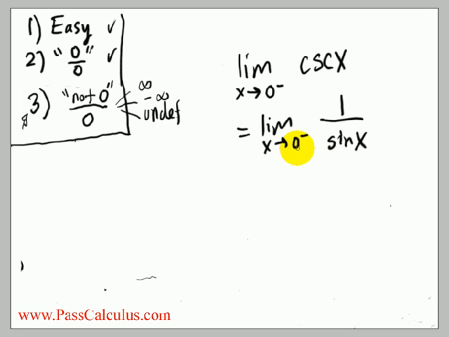And if x is a small negative number, then sine x is also a small negative number, right? Remember the graph of sine, how that looks? It looks like that, sine x. So if x is a small negative, then y is also a small negative. And 1 over a small negative is a big negative. So this answer is minus infinity. So that's some examples with trig functions.